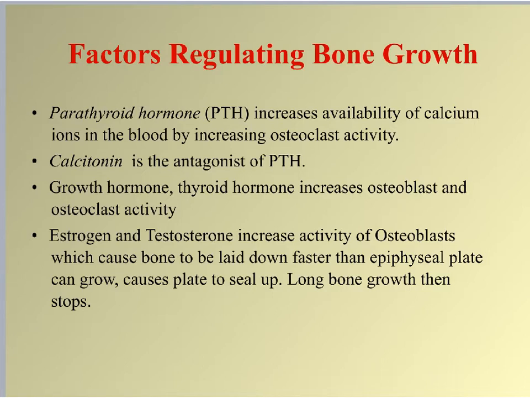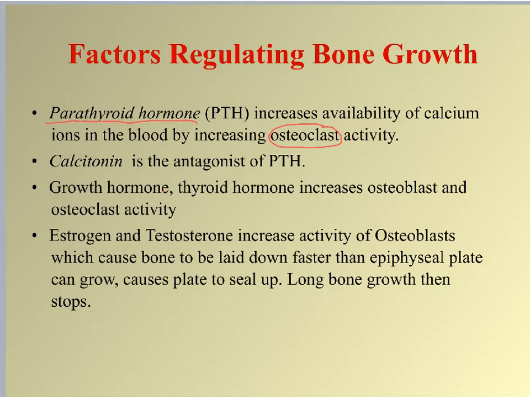So one of the things that affects bone growth, as you might expect, are circulating hormones. And they have a direct effect on those bone cells that we learned about. There's one that plays a major role called parathyroid hormone, secreted by the thyroid gland. What it does is that it has an effect on osteoclast activity. And remember, osteoclasts are those cells that break down old bone.